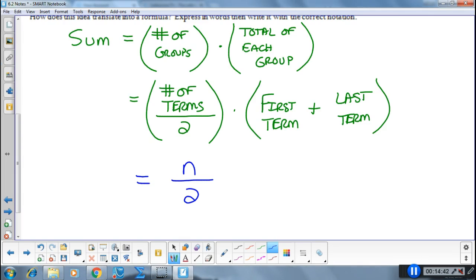A sub 1. Do I have a symbol for the last term in my series? A sub n? Yep.